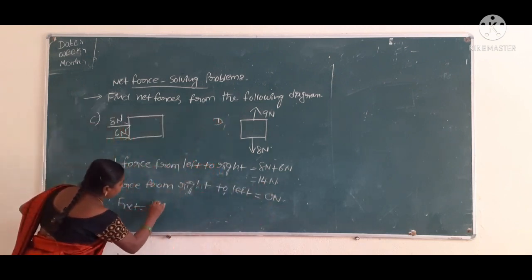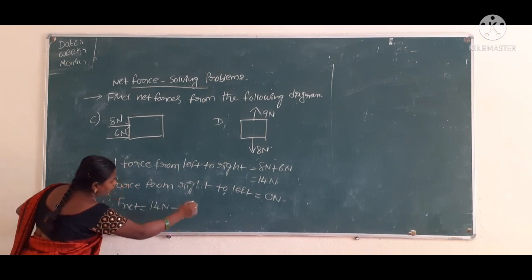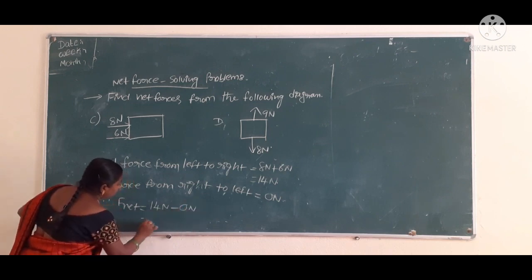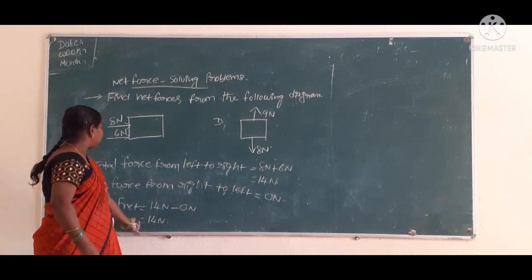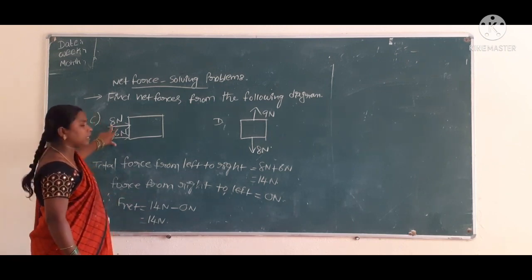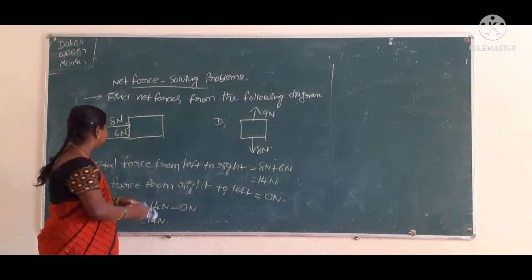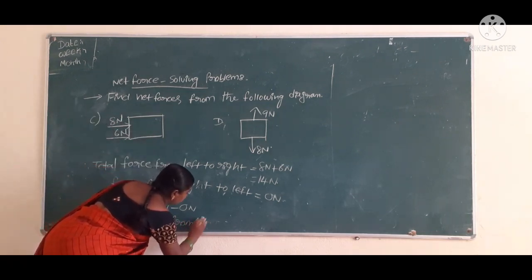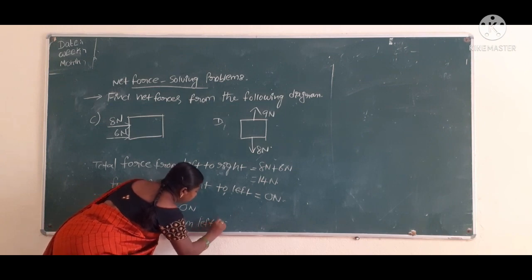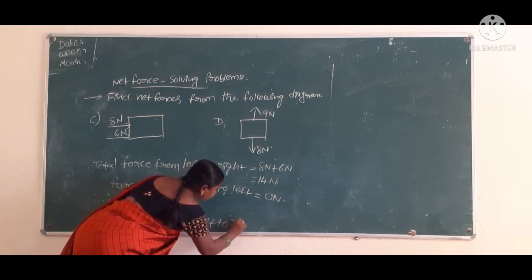Biggest number 14 newtons and smallest number 0. So this is equal to 14 newtons, acting from left to right.